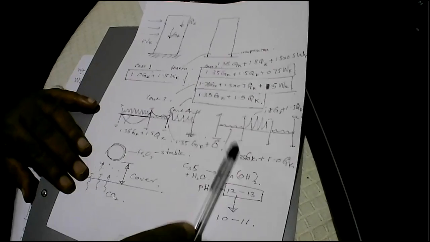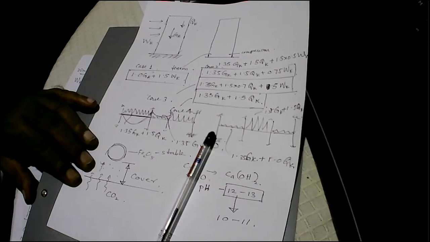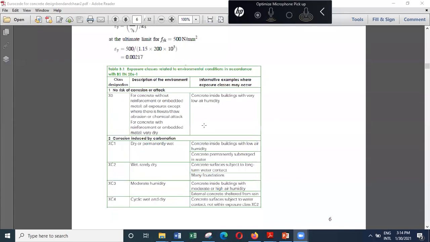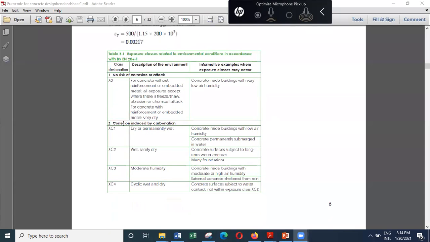So to determine the cover to the reinforcement, we can make use of the exposure conditions. So the exposure condition is corrosion induced by carbonation, and it will all depend on the exposure type.